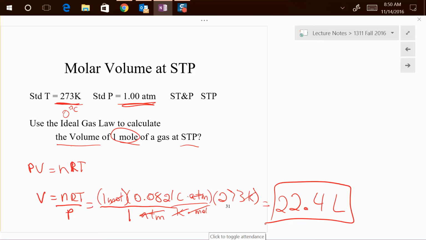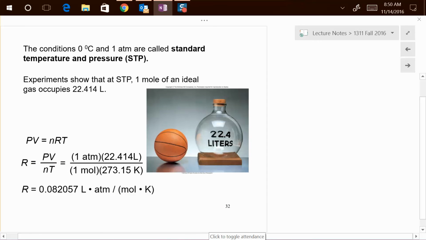The reason that's important is because it helps us to understand density. They're showing you the size of 22.4 liters of a gas. The basketball is kind of showing you what 22.4 liters would look like if it was a gas. So it's a fair amount.